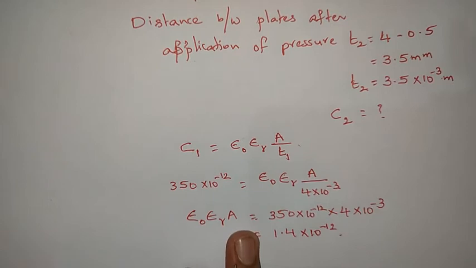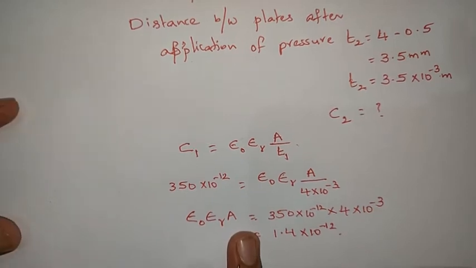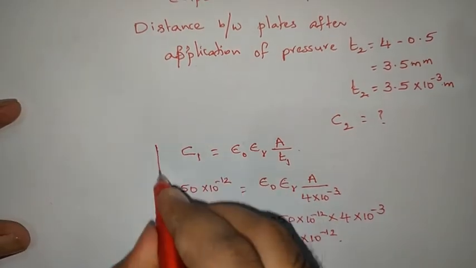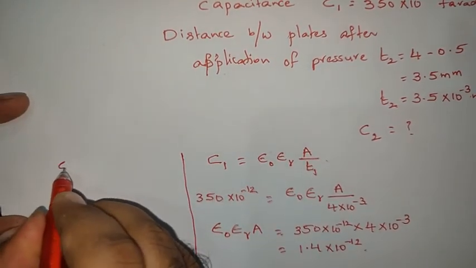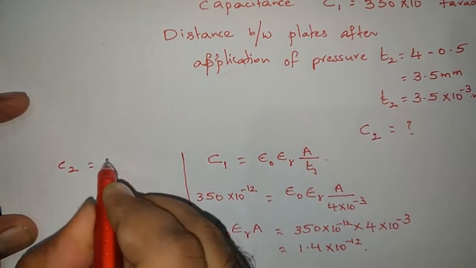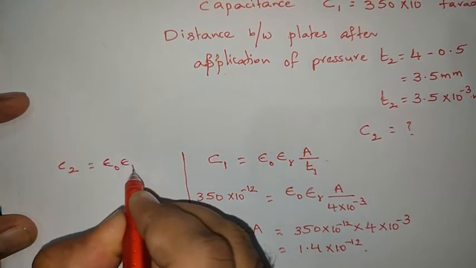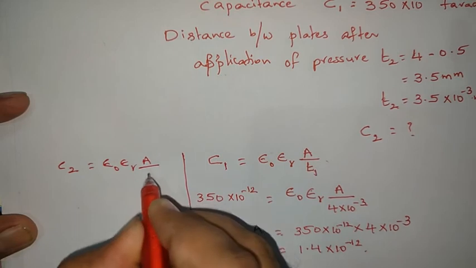Now let us calculate the value of C2. So now apply the same formula for C2. Then C2 will be equal to epsilon naught into epsilon r into A by T2.